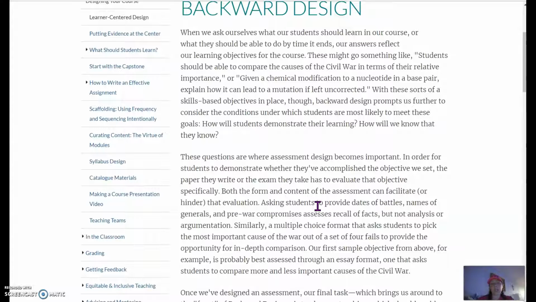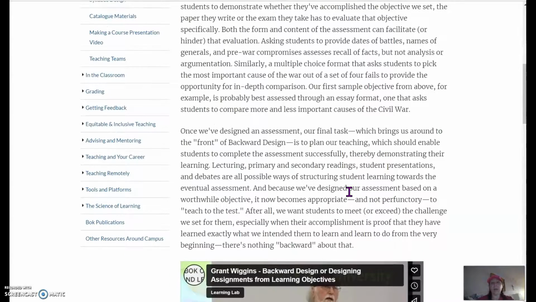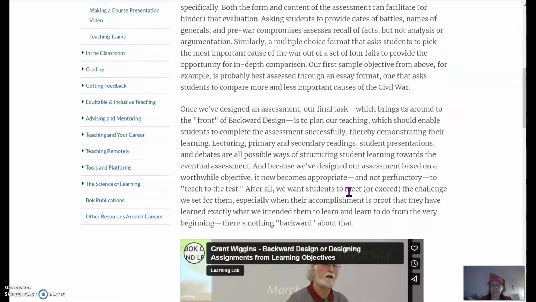And what I liked about this is that it put a spin on the whole teaching to the test and talked more about how if you have a worthwhile objective and something that's appropriate, it's not teaching to the test, but actually teaching appropriately. Why wouldn't we teach students worthwhile things to get the outcome that we desired? So I found that to be very refreshing in this article.